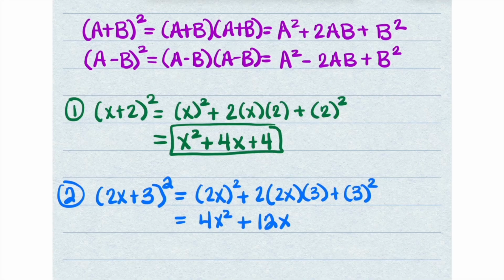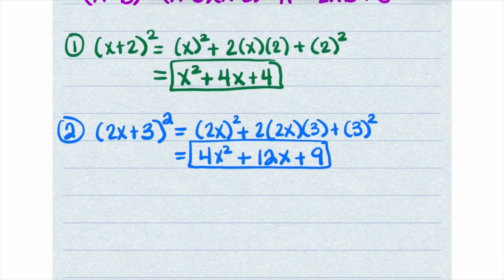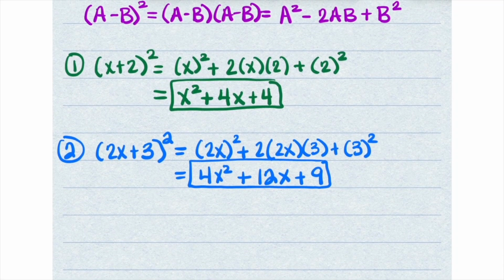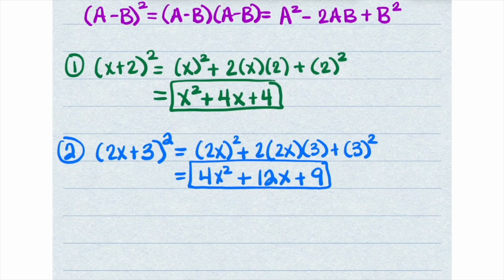Or you could have said 2 times the 2x is 4x, and then 4x times 3 would be 12, and then you have plus 9, because 3 times 3 is 9. This is a trinomial of degree 9. So far, so good. Make sure y'all can see the minus. There we go. So now let's do a minus one.